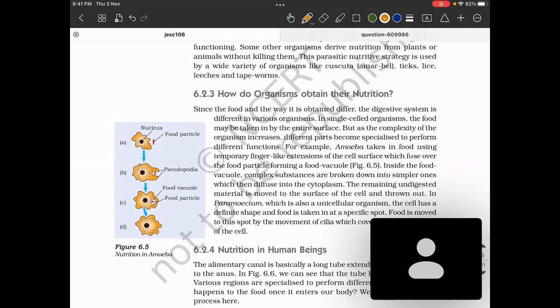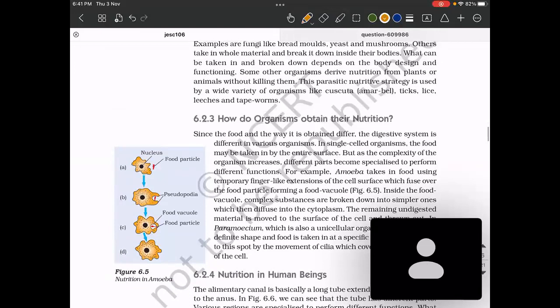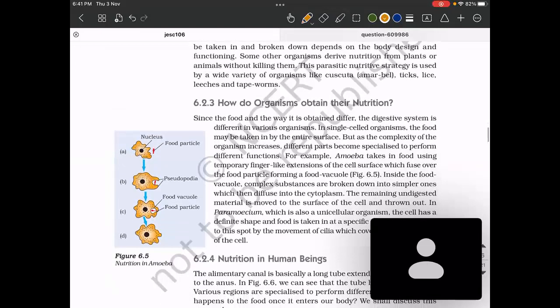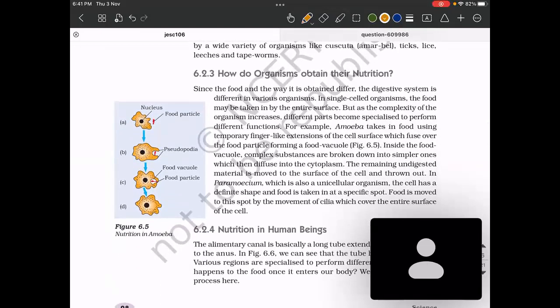Apart from that, there are different types of heterotrophic mode of nutrition. How is it in amoeba? It occurs, for example, through pseudopodia, which is a finger-like projection. What is pseudopodia? It's a finger-like projection arising from the body of the amoeba.